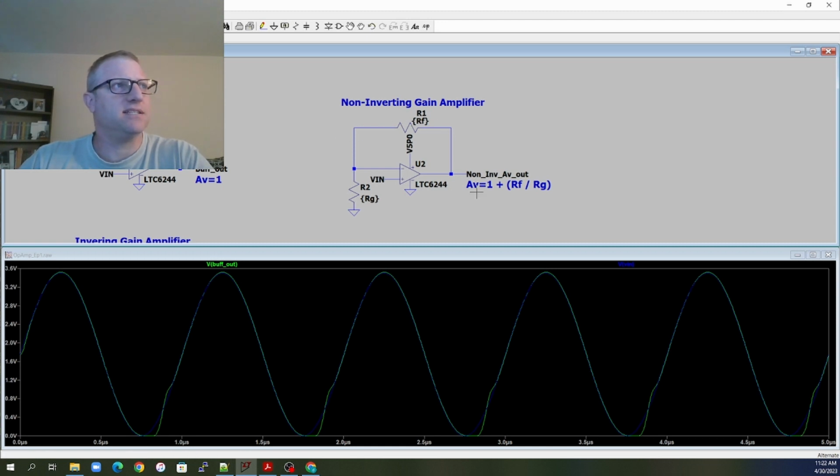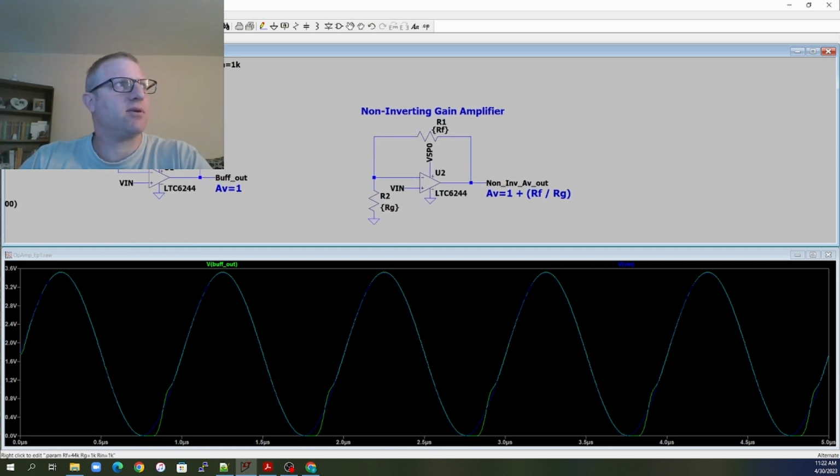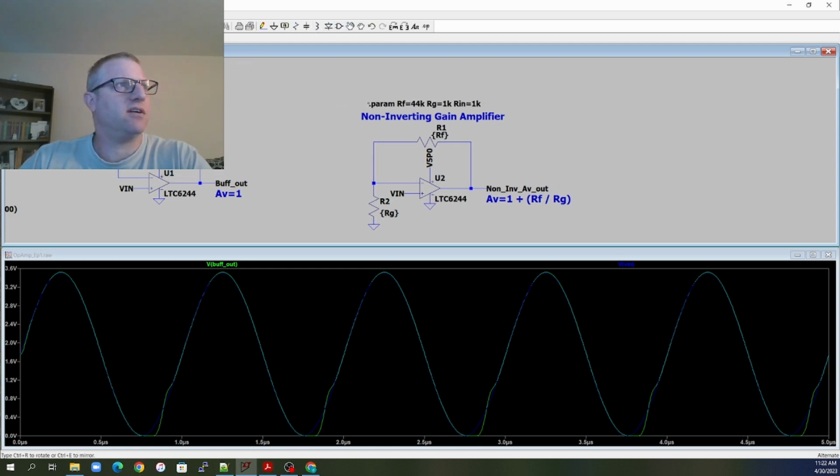And what this does is it gives us a gain of 1 plus RF over RG, right, which is our feedback resistor and our ground resistor. And I've got a parameter based setup here going on. So let me just go ahead and move that over here. And so we should have, with an RF of 44 and an RG of 1, a gain of 44.